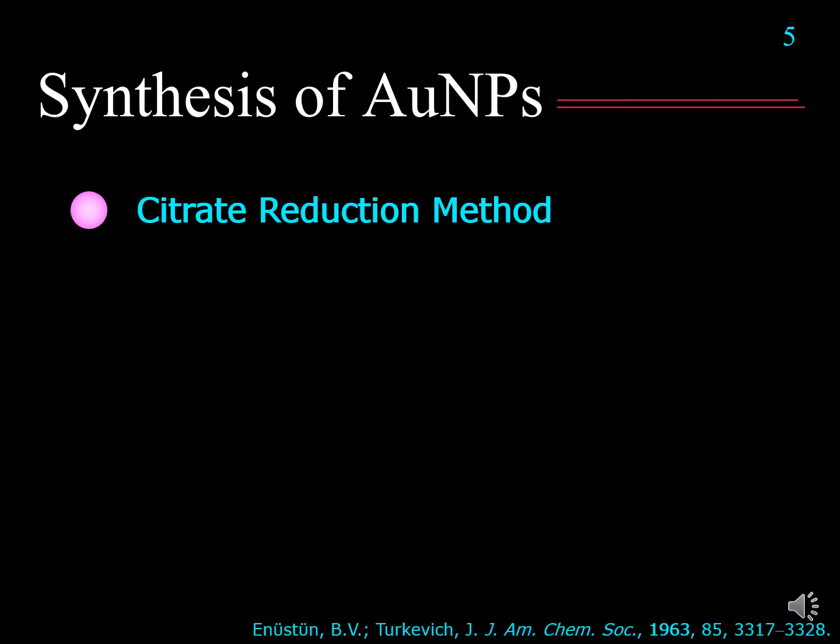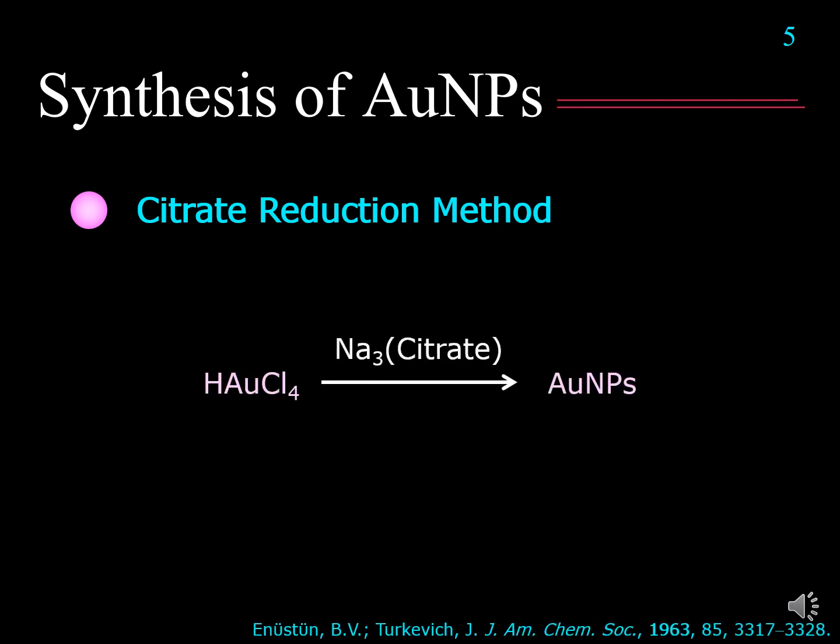The synthesis of gold nanoparticles is quite simple. This kind of nanoparticle is very famous and can be applied in so many fields due to its ease of operation and its stability, and the synthesis method here is very simple.